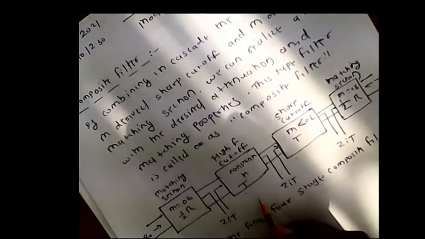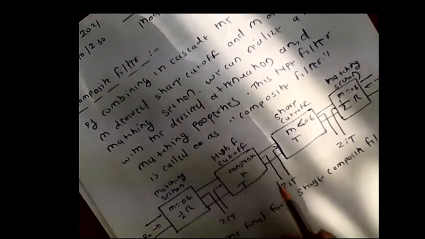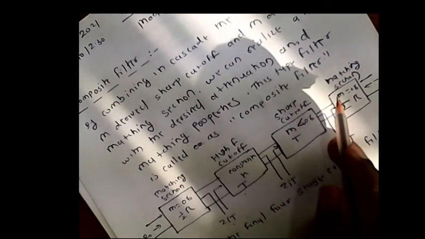So the internal image impedance is summarized for the constant K and M-derived sections. To derive the filter using composite filter design, we use these 4 stages: matching section, high cutoff frequency, sharp cutoff frequency, and again matching section, with the value of M equal to 0.6.